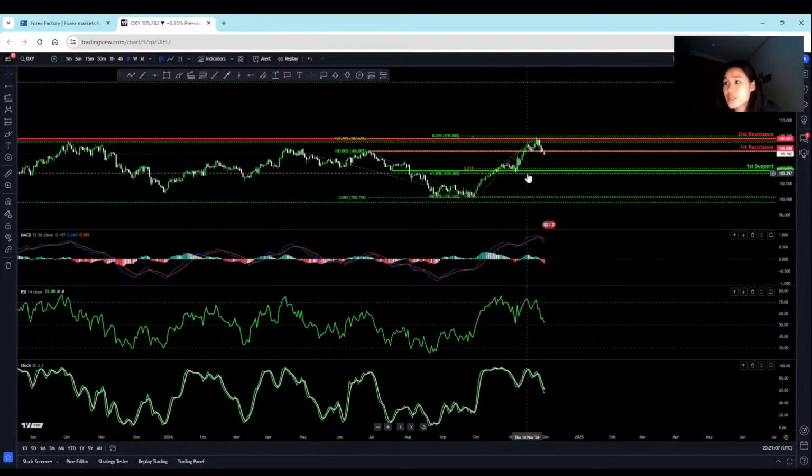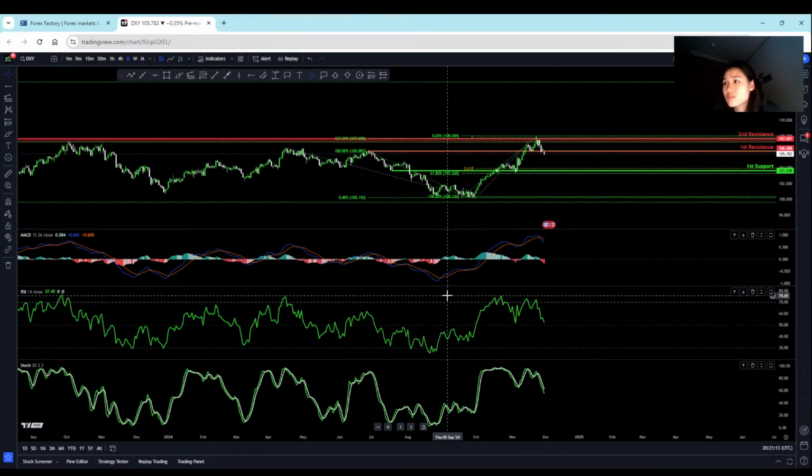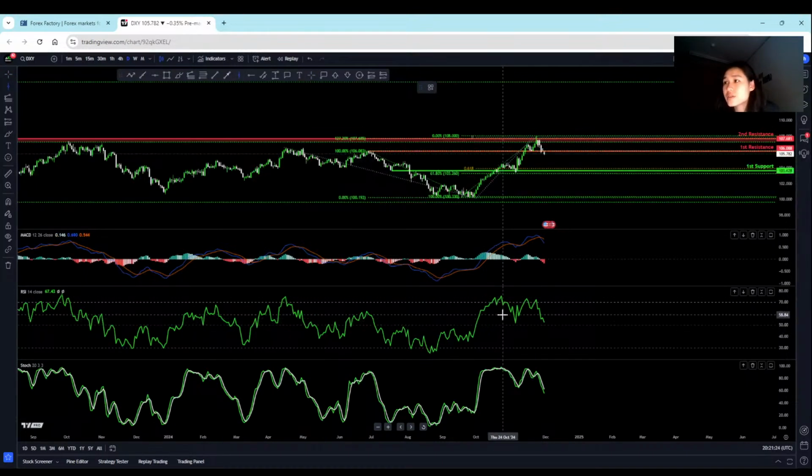RSI, stochastic. On our RSI, you can see a bit of a bearish divergence here.